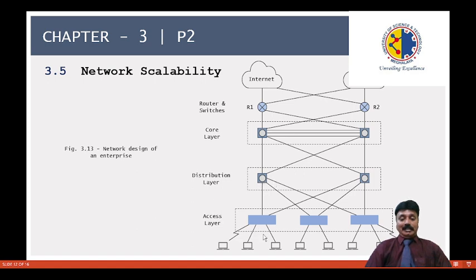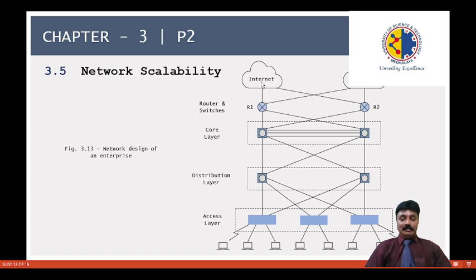Then the access layer level, which we can have from the distribution level to the various nodes. 3 nodes here, again 2 nodes here, again 3 nodes here. So in the case of R1 and R2, two routers are interconnected with each other, and they have the capability to access the internet connections at the same time.